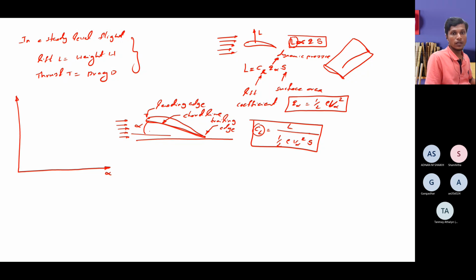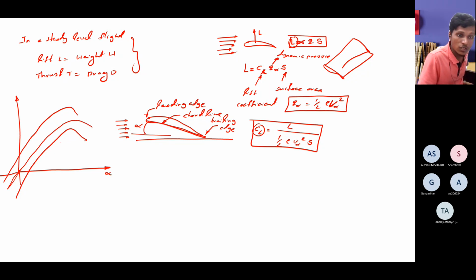If you increase the angle of attack, the CL varies. In general it will take this kind of profile. Some airfoils take this kind of profile, and some other airfoils pass through the origin.